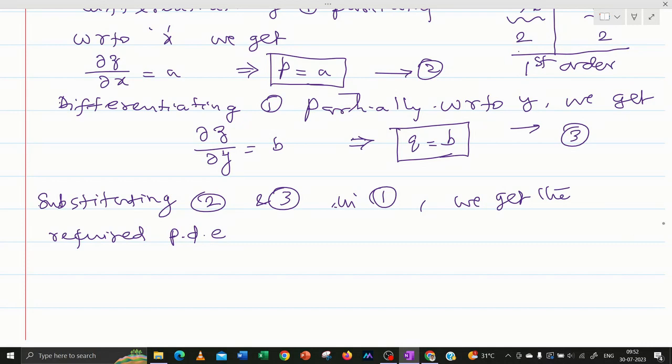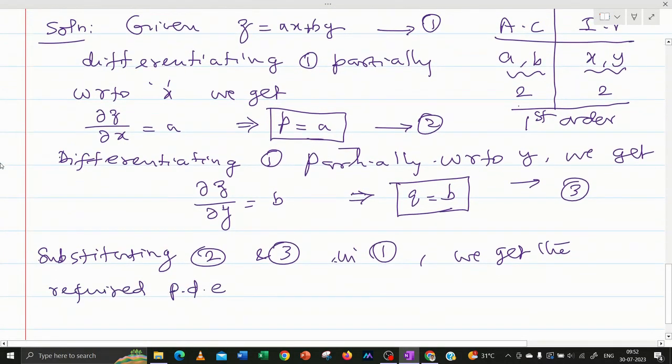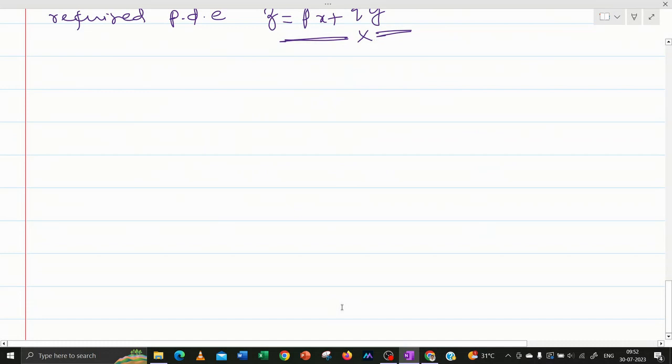The given equation is z equal to ax plus by, so in the place of a you substitute p, and in the place of b you substitute q. So we get the required PDE: z equal to px plus qy. This is the first problem. Now we go to the second problem.